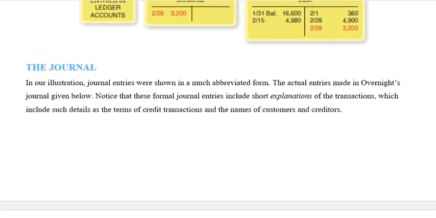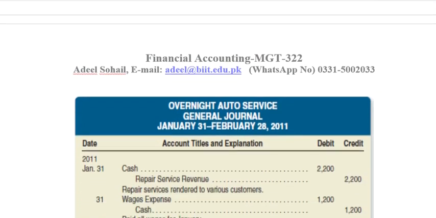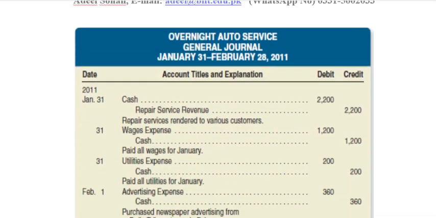Now the journal illustrations. That is an understanding level, but if I am talking about the journal entries in a one page entry, that is a view of a journal entry.